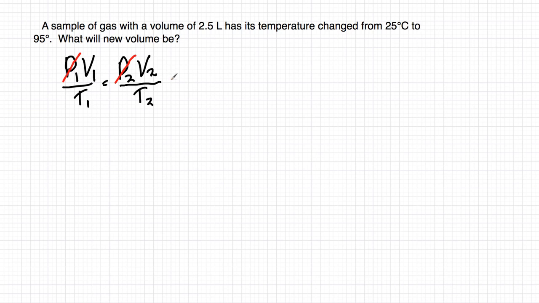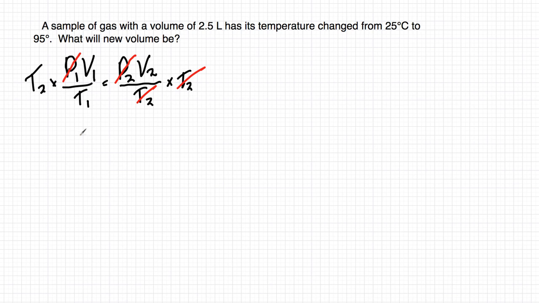And we need to pull V2 over to one side, so let's go ahead and multiply each side by T2. And we notice that the T2's cancel. Hooray for algebra.